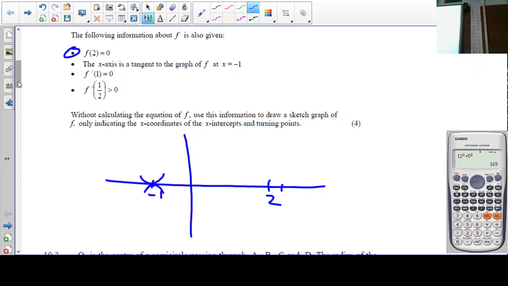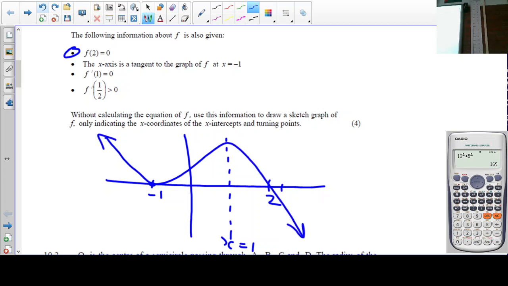You will agree with that? Then we are told that f dash of 1 is 0. So what does that tell us? It's another turning point, at x equal to 1. So at this point, so far, this graph would either be turning here, turning there, and going down.